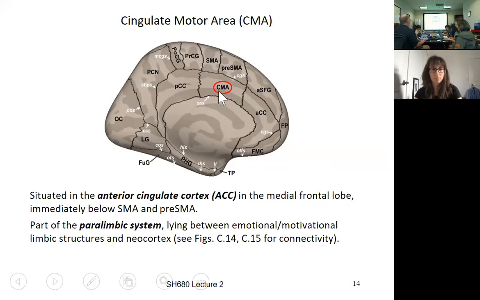CMA, as I mentioned before, is part of the paralimbic system, so it's kind of in between the subcortical structures like the amygdala and other structures involved in emotion and in motivation.